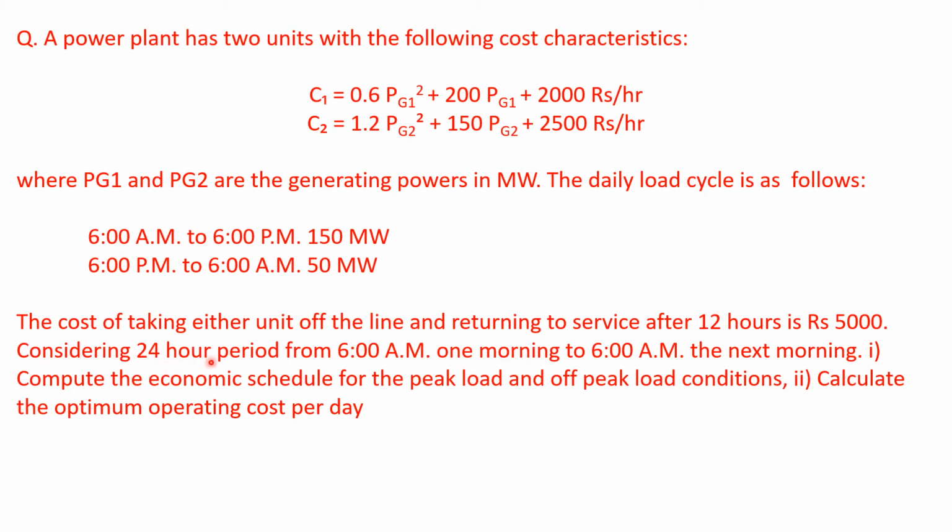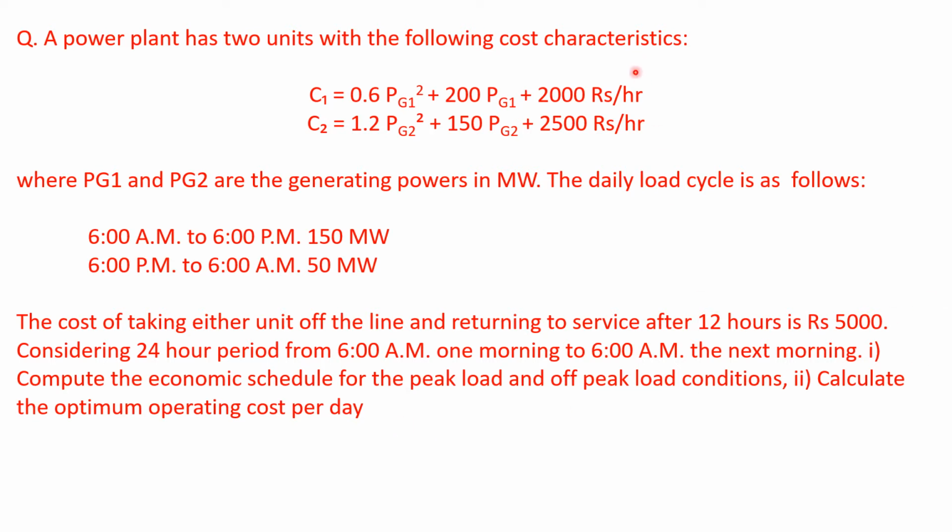Considering a 24-hour period from 6 am one morning to 6 am next morning, question number 1, calculate the economic schedule for the peak load and half peak load conditions. Question number 2, calculate the optimum operating cost per day.